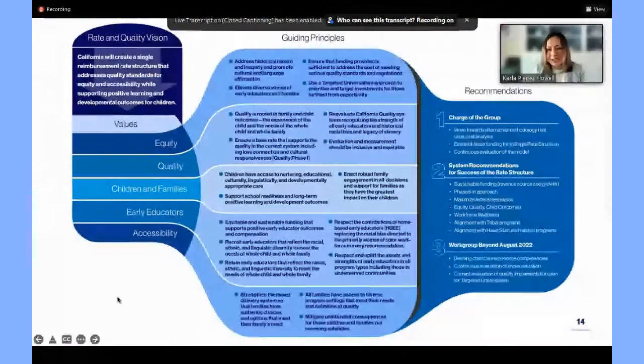In regards to timeline, all of you received the comprehensive report, and we're asking that workgroup members submit any comments by July 20th this year in order for them to be incorporated into the next report, so that you all have one last final report to take a look at.